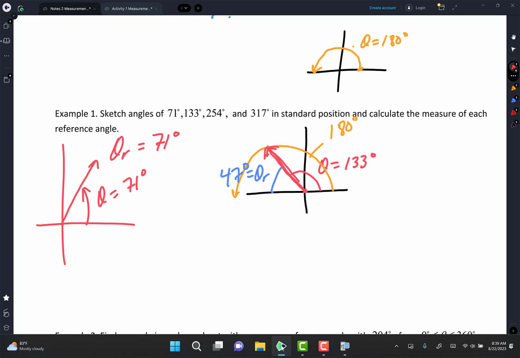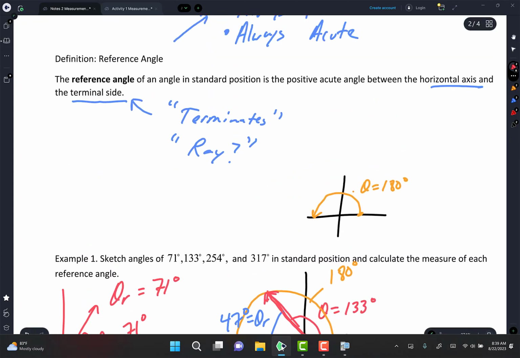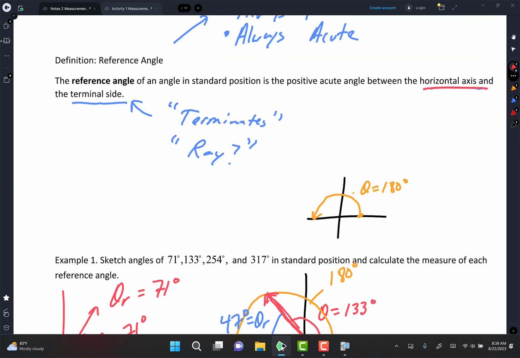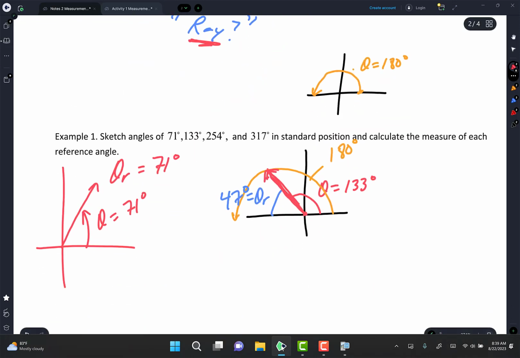So I'm trying to figure out my reference angle. My reference angle is always between the horizontal axis and the terminal side, the ray. So here's my ray. And here's the x-axis. So how do I figure it out? 180 minus that 133 will give me the difference. Oh, find out the difference between the x-axis and the other side. Yep. That makes sense?